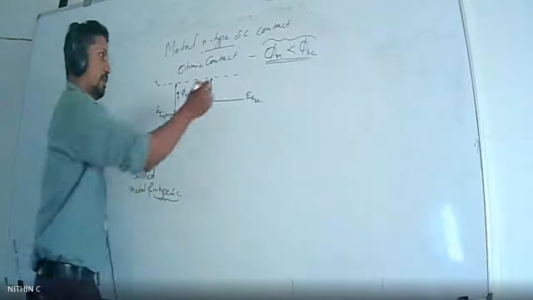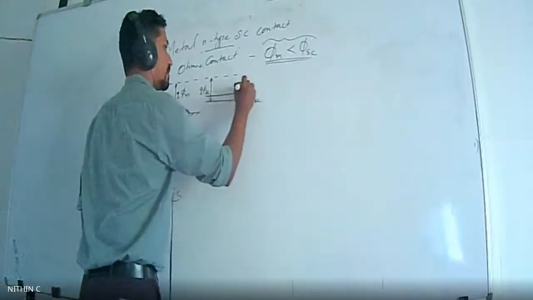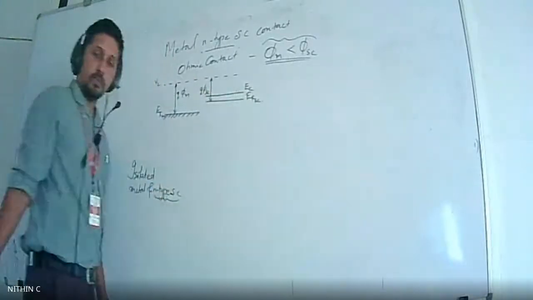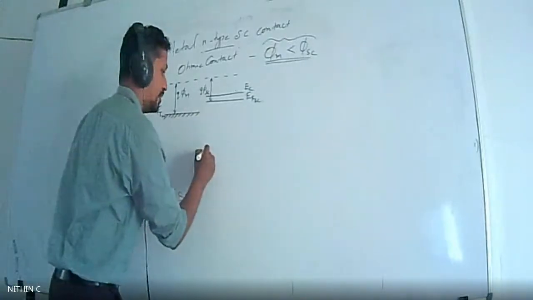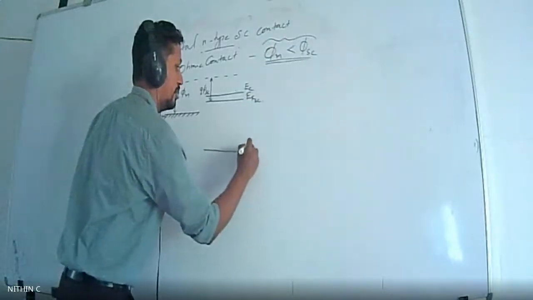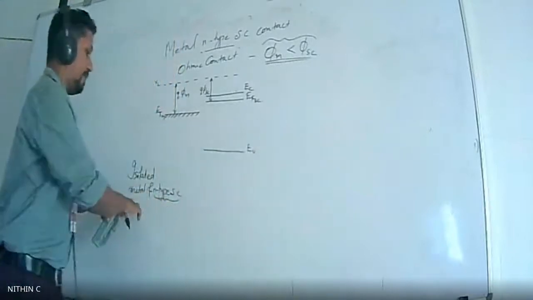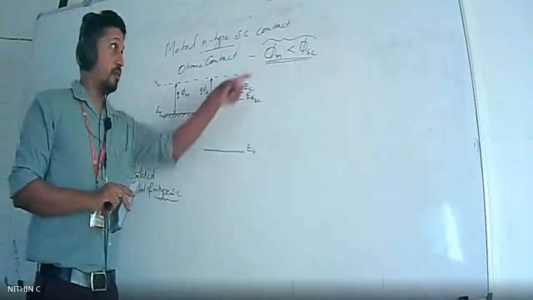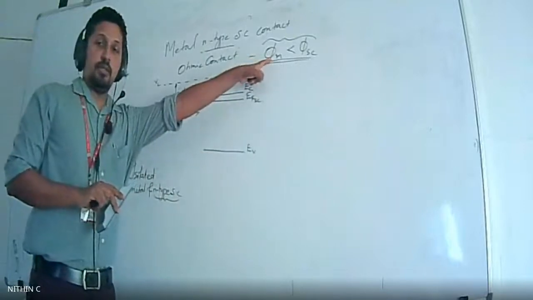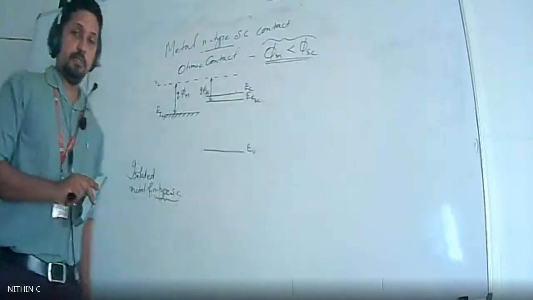So EFSC will be above, with EC. Clear? And we will be drawing EV also by taking an appropriate distance. EV. This will be the isolated metal and n-type semiconductor energy band diagram satisfying this condition, phi m less than phi SC.